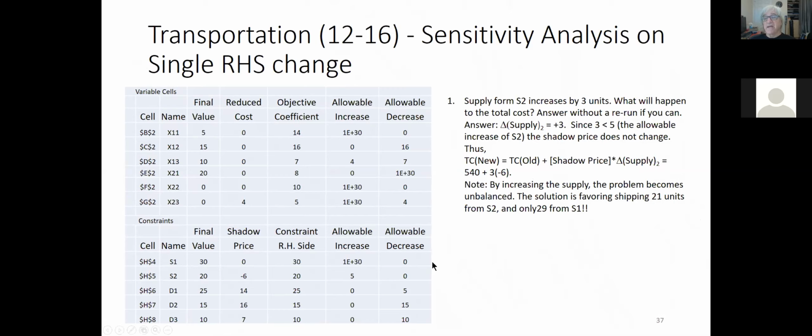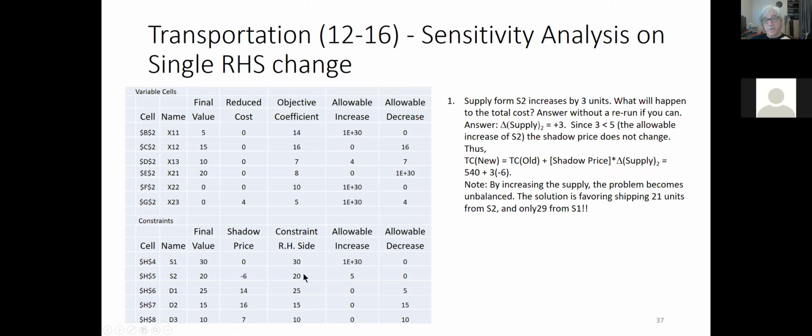Will there be any change in the optimal solution? Well, if you have been using all the capacity, and I'm getting 3 units more here, then I'm going to use them, because the shadow price is the contribution of 1 additional unit. And the shadow price can be used because the change is within the range.